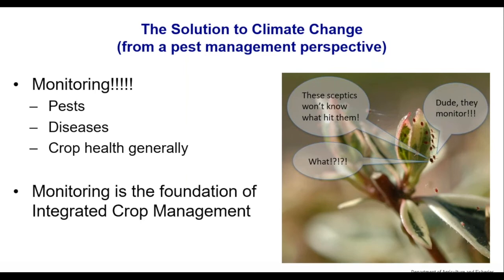But I like integrated crop management as a term because it's more holistic. It's treating the whole scenario, not just the pests and diseases, but the growing conditions, the other abiotic or the soil conditions, the water, the site situation so that you can produce a healthy crop.